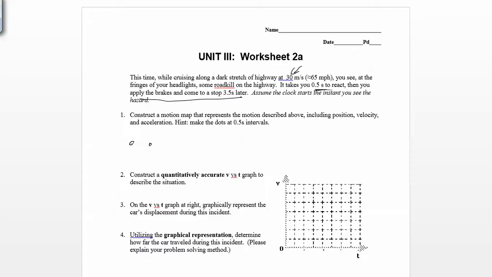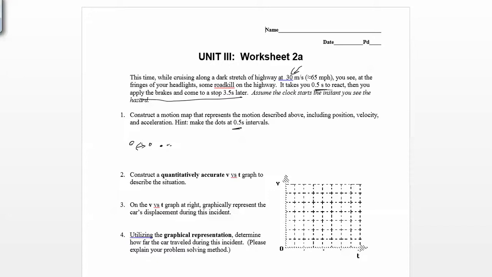And then what happens? Well, we're putting on the brakes and coming to a stop. So as these 0.5 second time intervals go, the distance between these dots will be getting smaller. Now, this isn't exactly right, but this is the kind of motion map you're going to get. But remember, we want them at 0.5 second intervals.